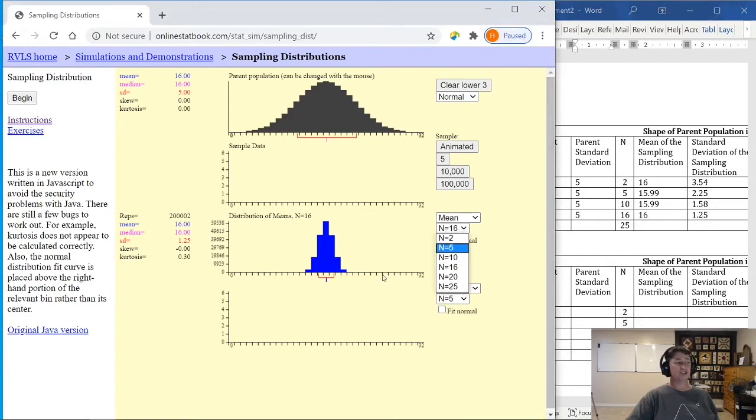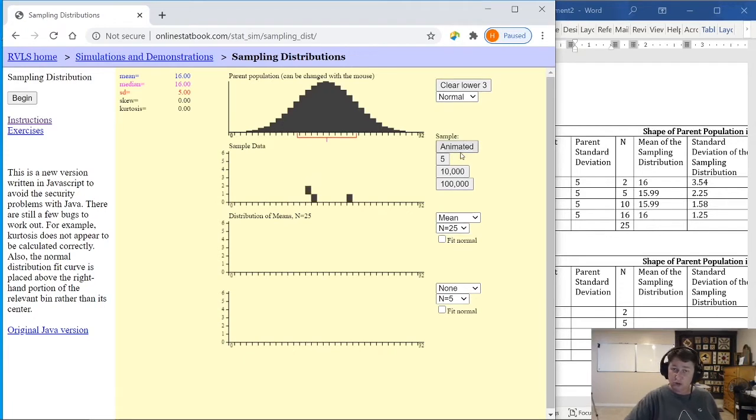So here, let's jump all the way down to 25 now. So in other words, I'm choosing 25 random women from this population distribution. And I'm going to find the mean of that data. I'm going to create a whole new sampling distribution of those sample means.